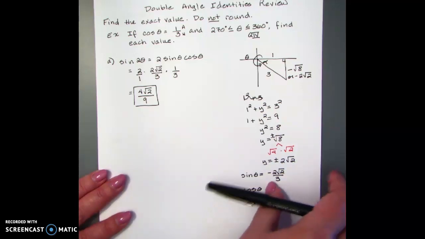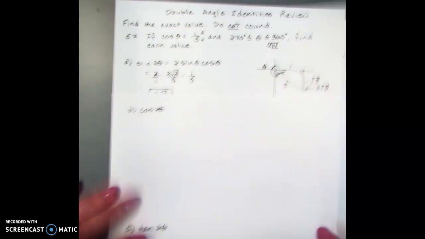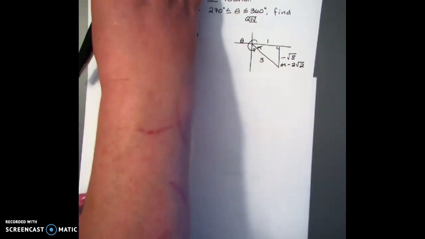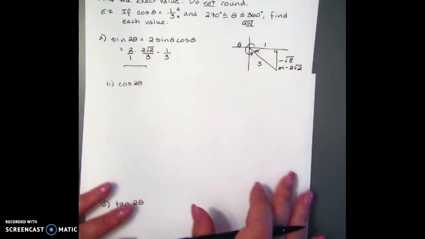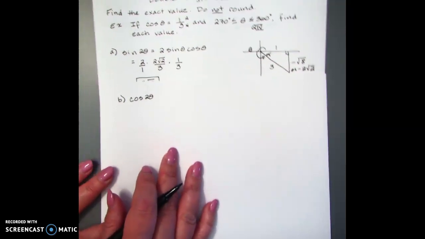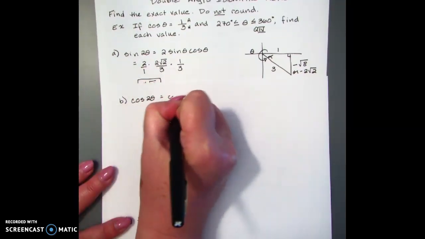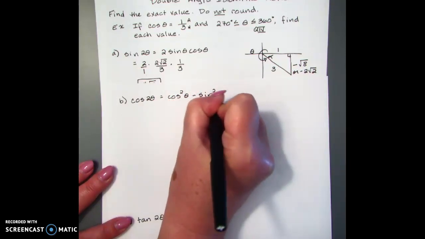So then if we're looking for the cosine of 2 theta, let's do this so that we can still see. So the cosine of 2 theta, we have a couple of options. Actually, we have 3 options. And so the original formula was cosine squared of theta minus sine squared of theta.